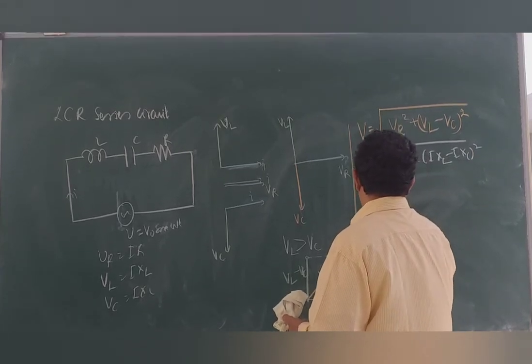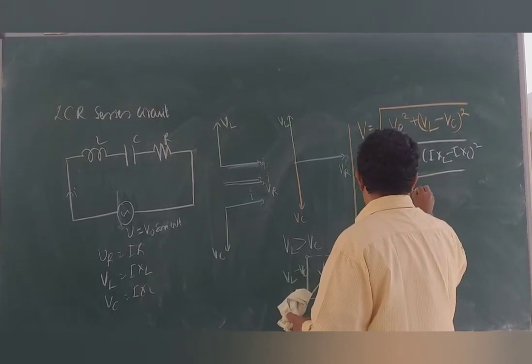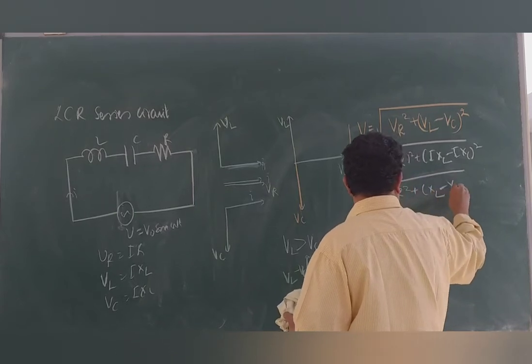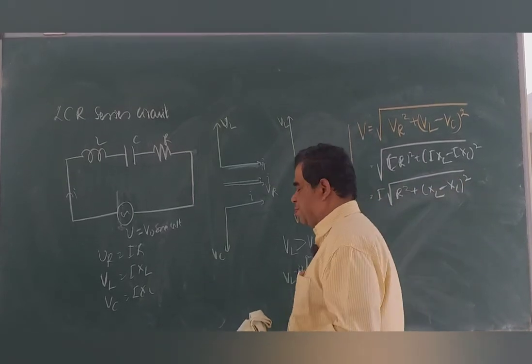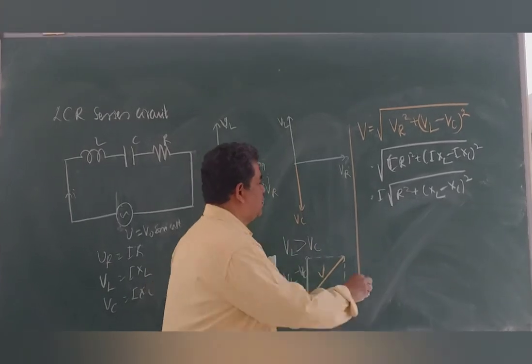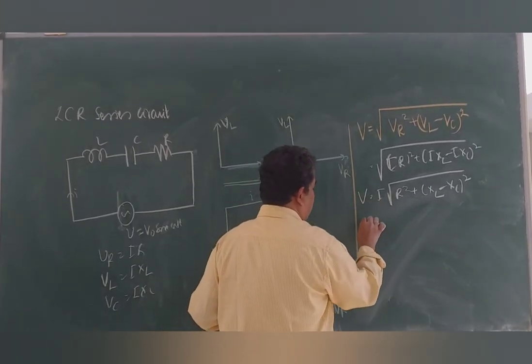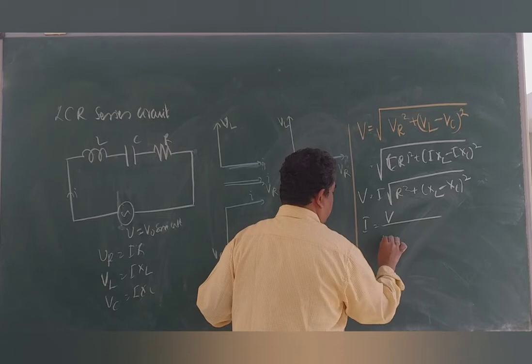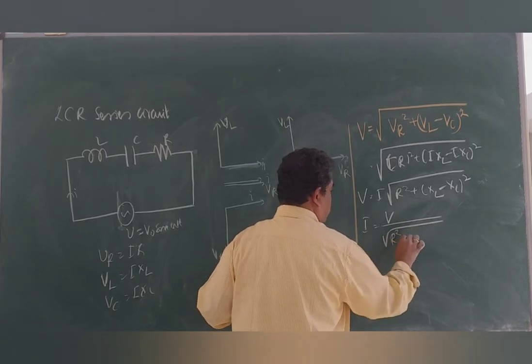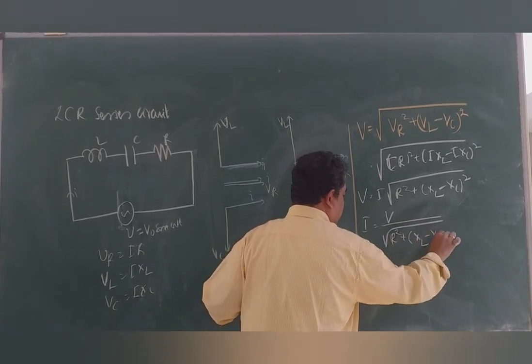So we can simply write I into root of R square plus (XL minus XC) whole square. Observe, V is obtained like this. So for I, I can write V by root of R square plus (XL minus XC) whole square.